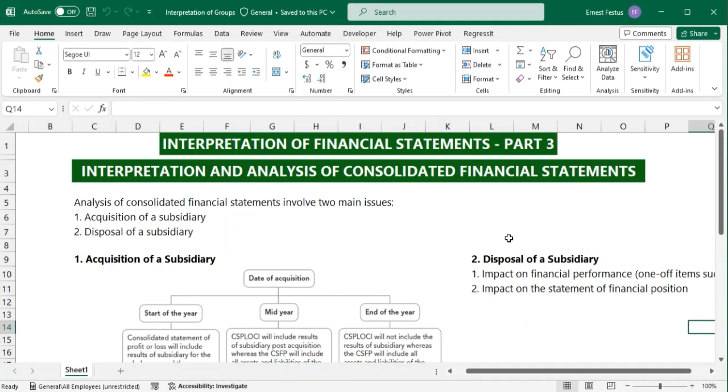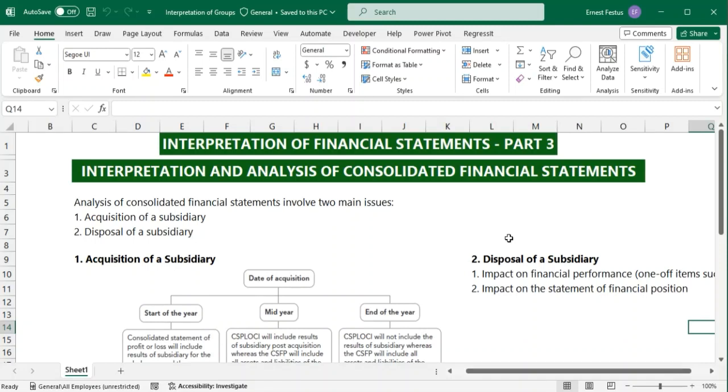So in the case of consolidated financial statement analysis, you should consider the overall impact on the underlying performance of the individual companies if information about them is given. So that's what you are supposed to do. Now, the analysis usually involves two main issues when it comes to interpretation of financial statements involving consolidated financial statements.